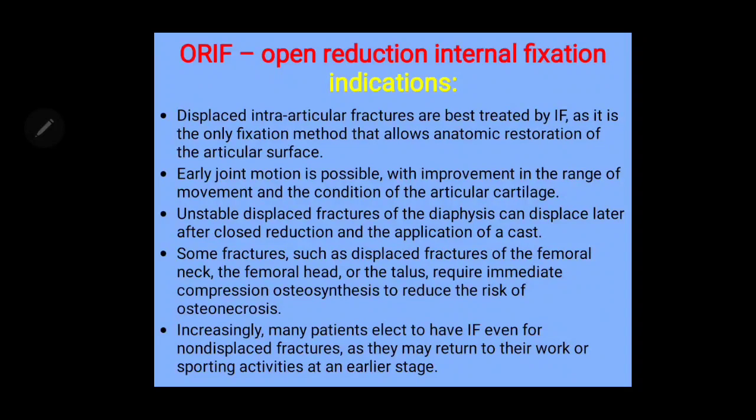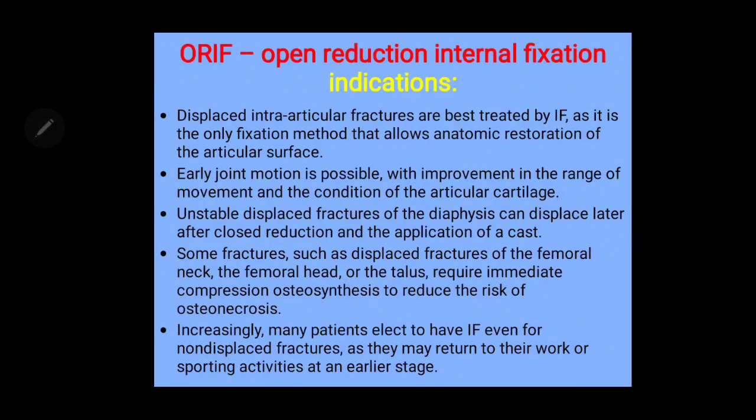Also, if we're talking about unstable, displaced fractures of the shaft of different bones, in many cases we can't immobilize them very well without surgery. That's why we're using nails and plates for internal fracture fixation.